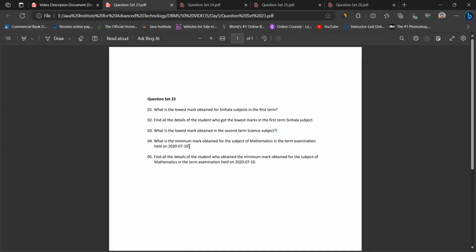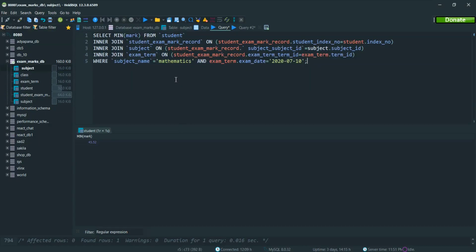So the next question, the fourth question: what is the minimum mark obtained for the subject of mathematics in the term examination held on this date? So we also have used the min function to get the minimum mark, and also 3 inner joins to combine the tables.